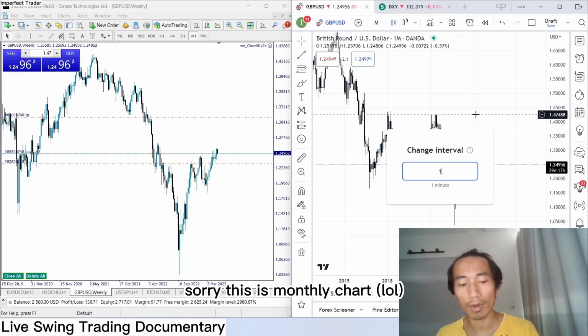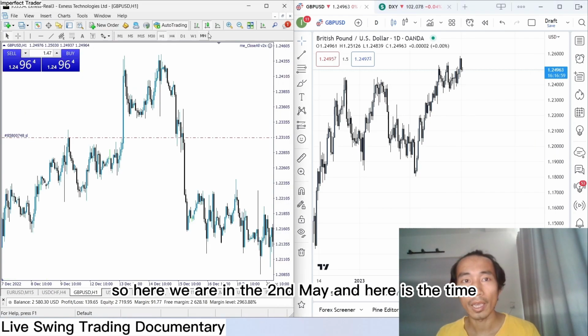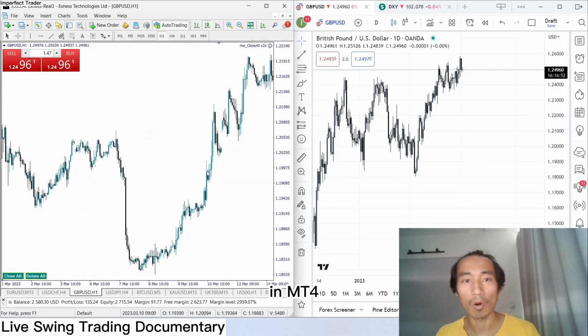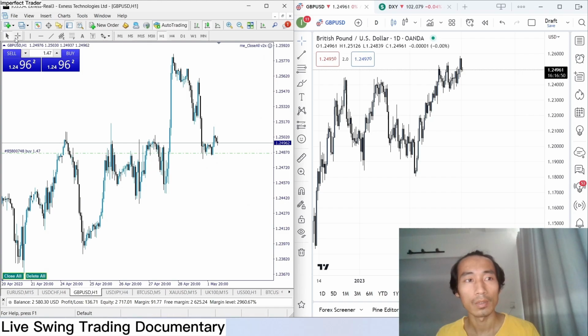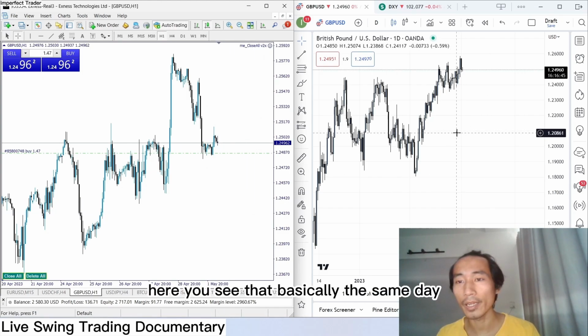Sorry, it is a monthly chart. Here we are in the second of May, and here is the time in MT4. You can see it's basically the same day.